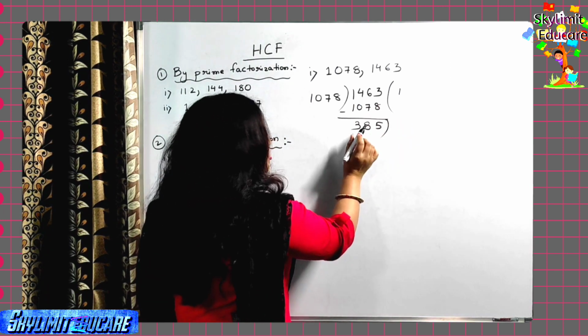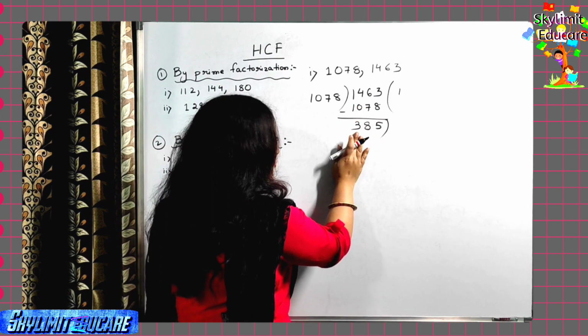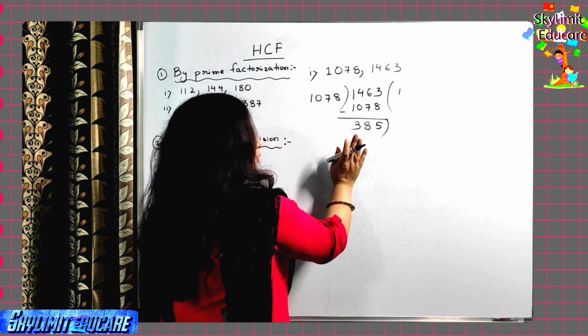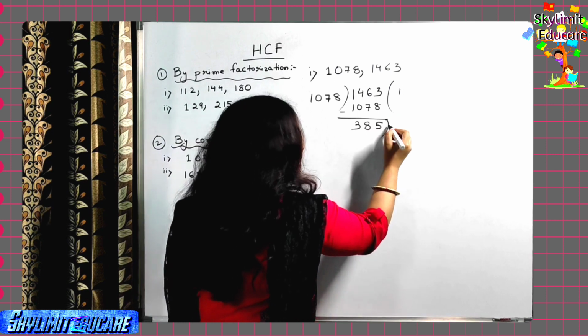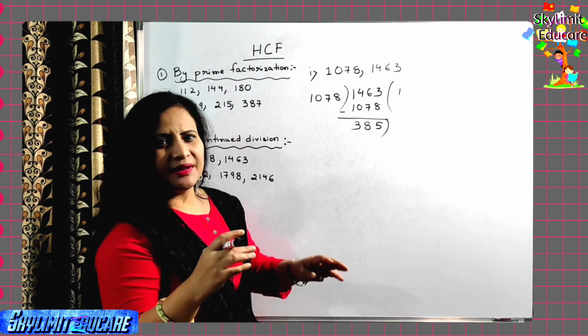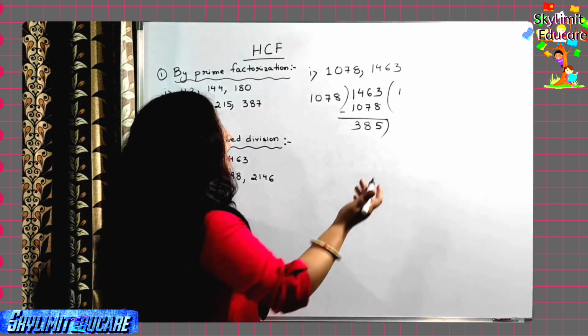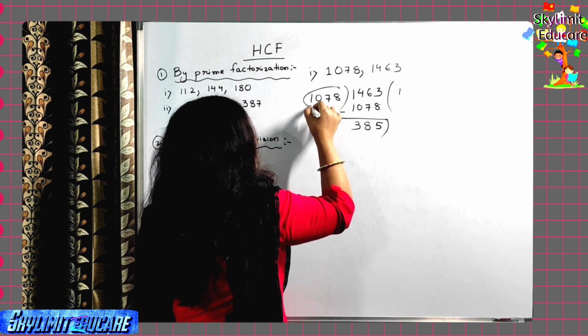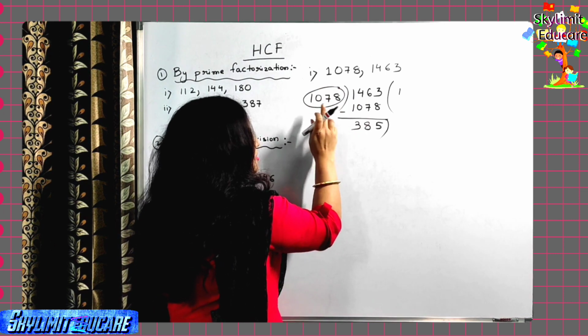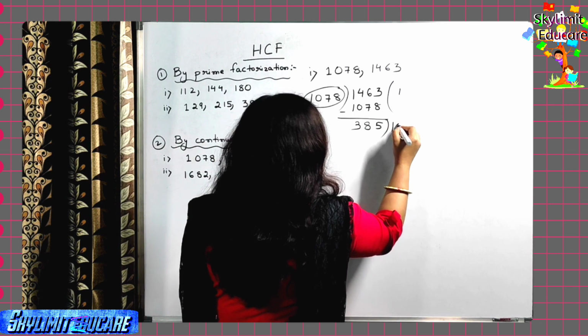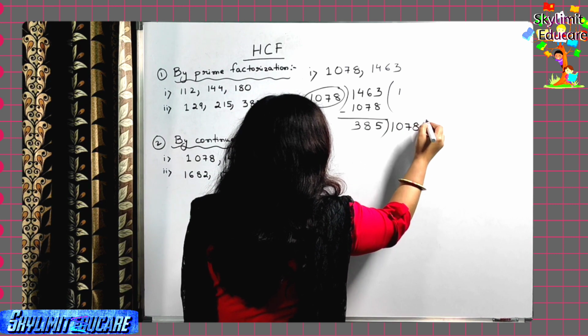So after division, after you subtracted, students, now you got the remainder as 385. Now whatever remainder you got, that becomes the next divisor. That becomes the next divisor, and the last divisor comes here and becomes the dividend, right? Clear?